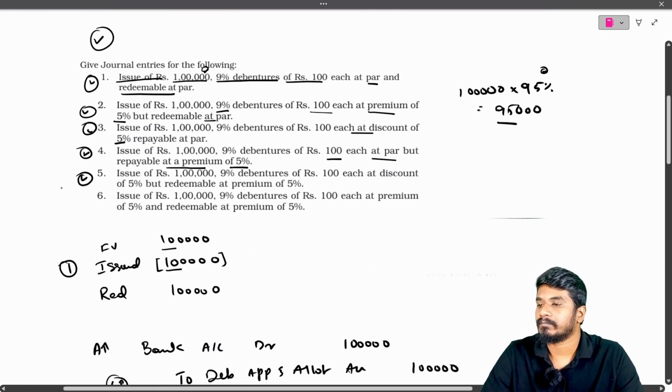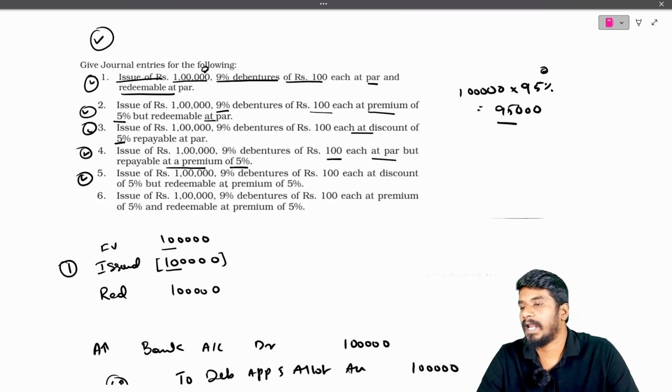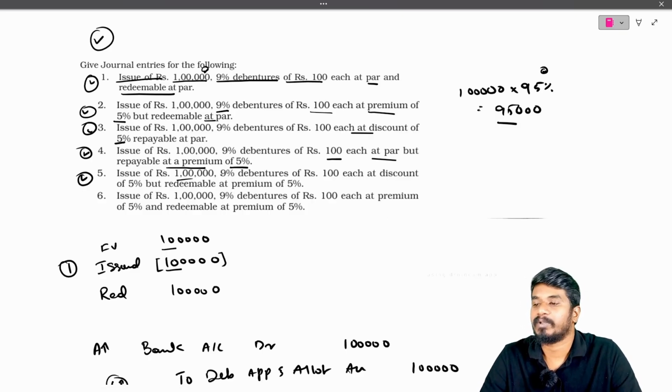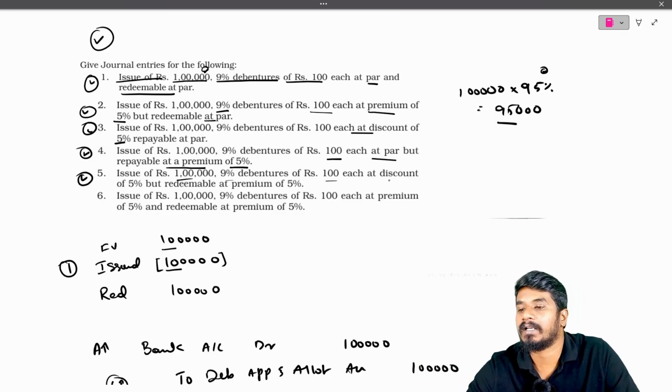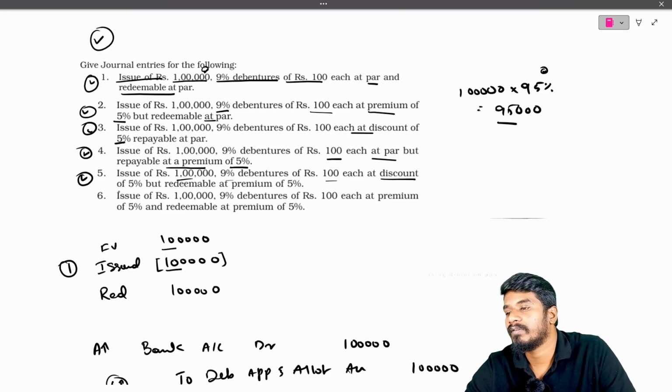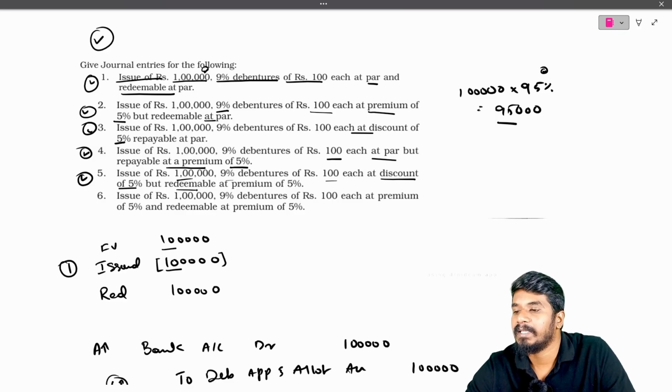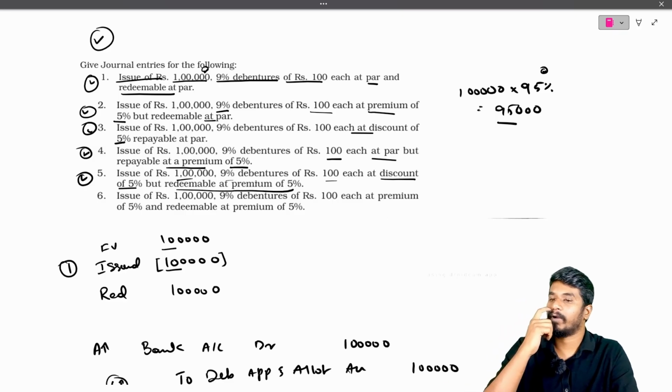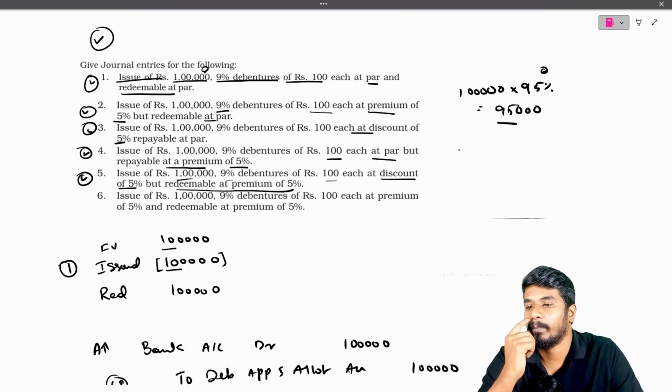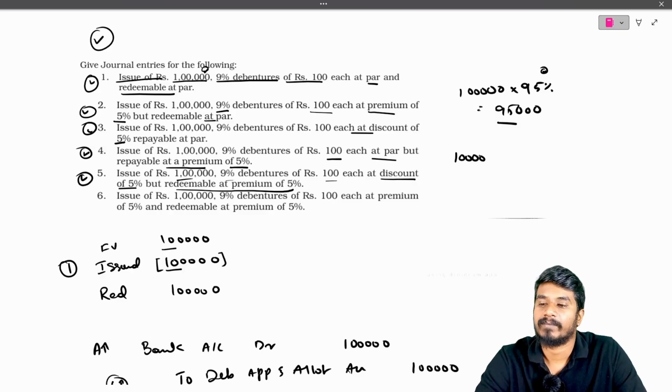So fifth one, issue of rupees 1 lakh, 9% debentures of rupees 100 each. They have issued at a discount of 5%, but redeemable at premium of 5%, double loss. How? The face value is 1 lakh rupees.